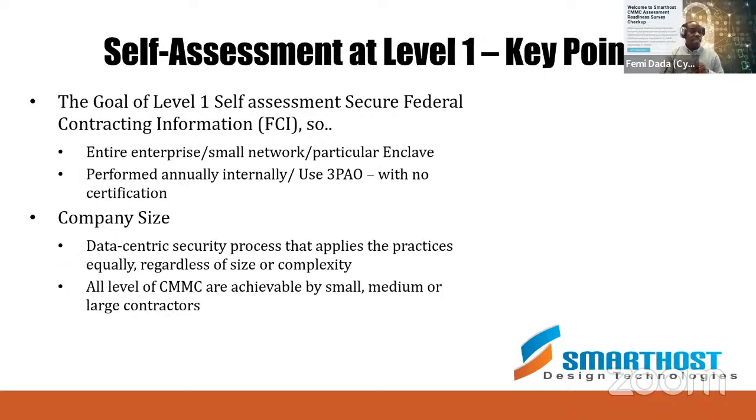This is regardless of your company size, whether small or big, it doesn't matter. All government contracting companies have to be CMMC certified at some level. And all the levels, Level 1, Level 2, Level 3, are achievable by small, medium, and large contractors. It's all about the data.